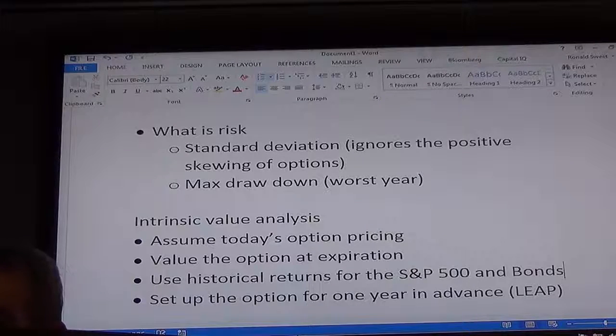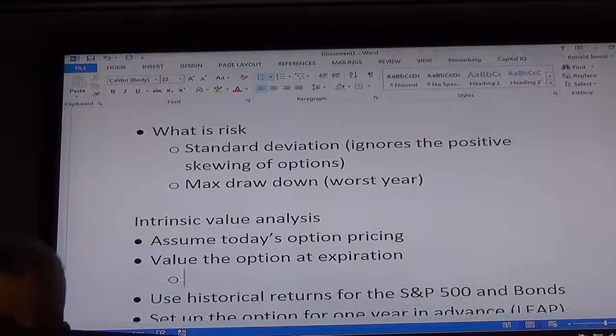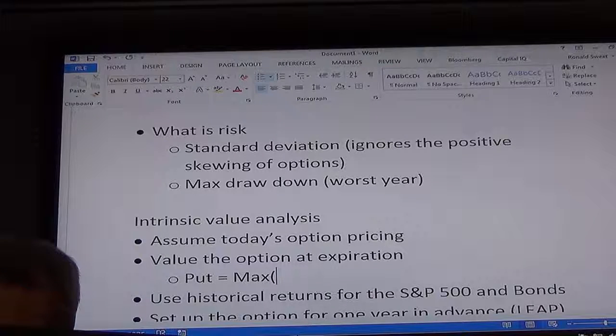So how do you get the intrinsic value of the option? Well, hopefully y'all remember this from my finance class, investment class, but for a put, the value is the max of what? The strike minus the stock and what? Can you lose money?